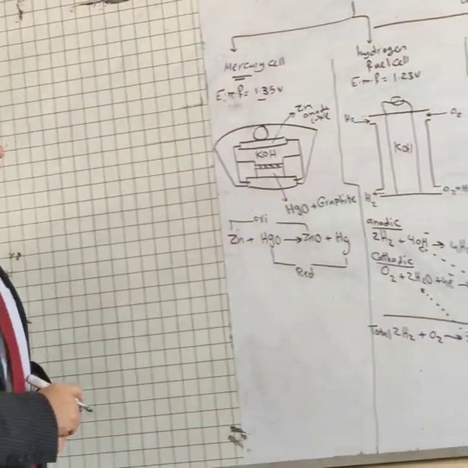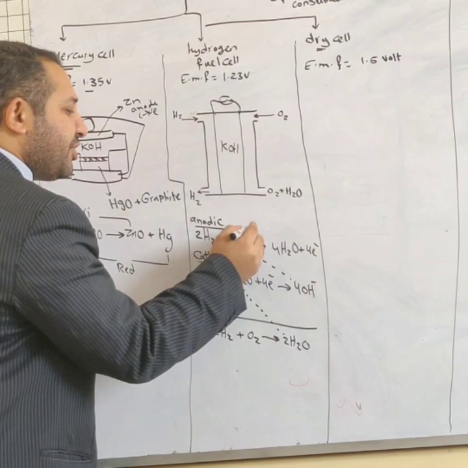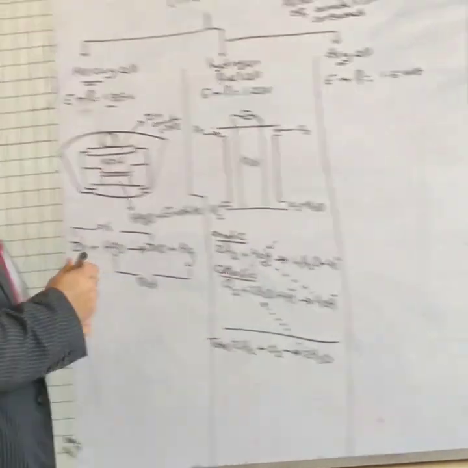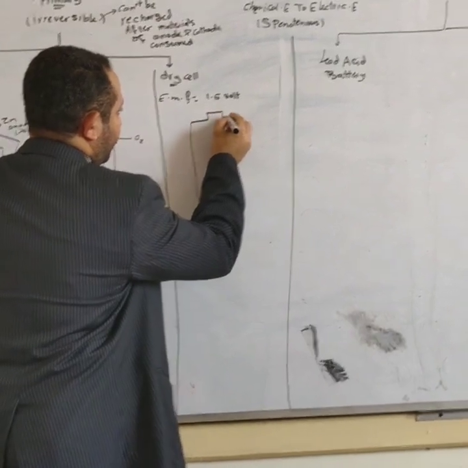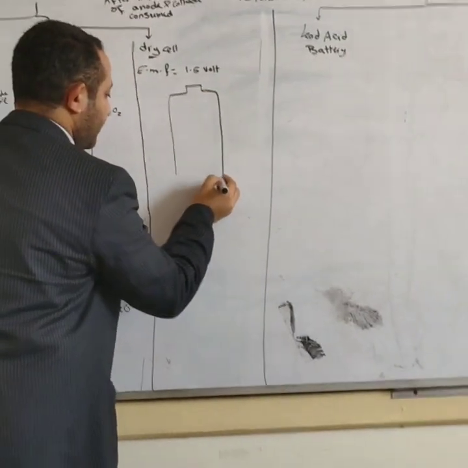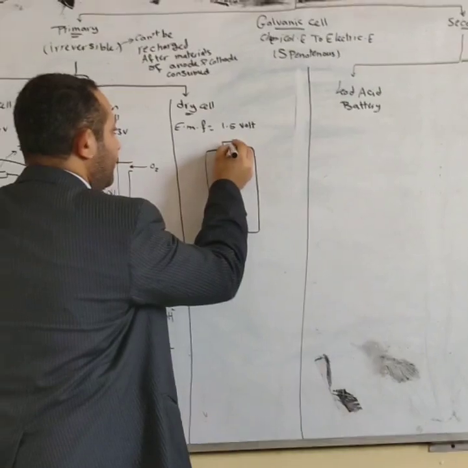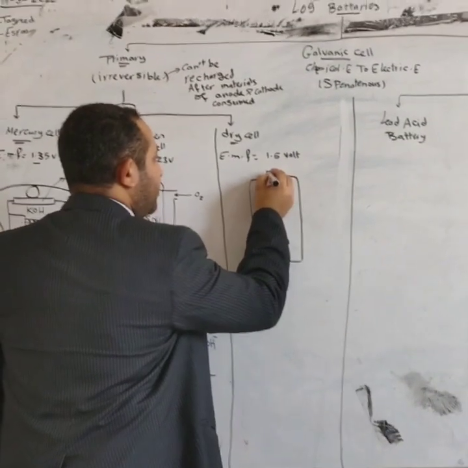Now for the dry cell. Firstly we will find the rod.